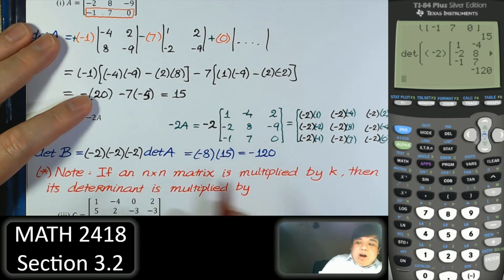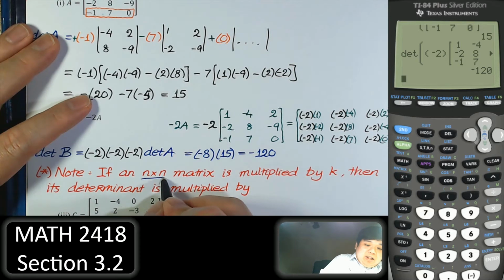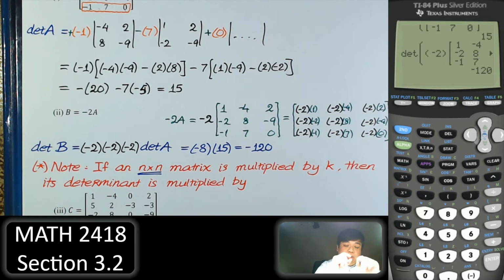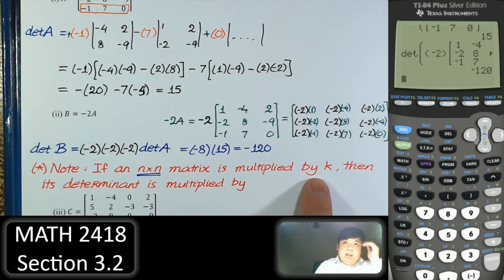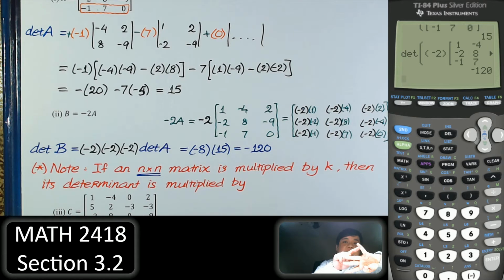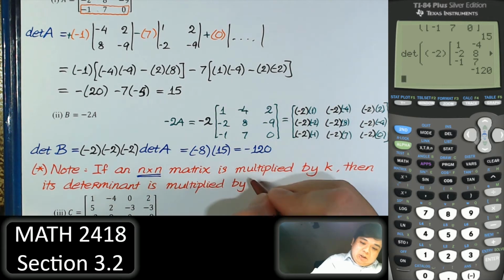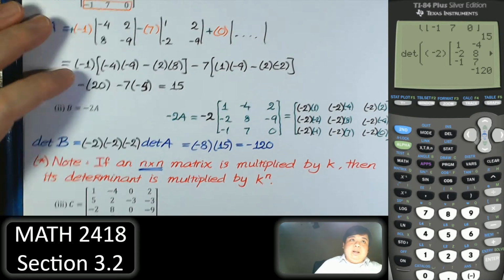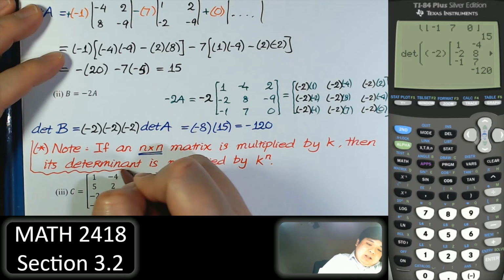The reason I have to write the dimension here is because if there are n rows, that means we multiply the constant n times. If there are 4 rows, we multiply k to the first row, second, third, and fourth, so there are 4 of them. So essentially we multiply by k to the n in the determinant. So this is another note on the determinant.